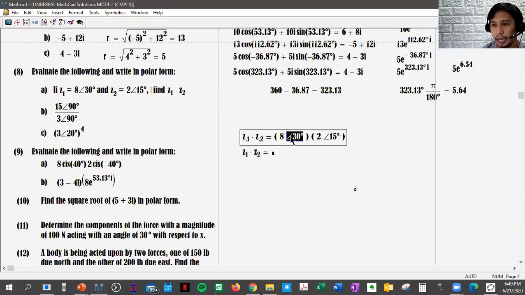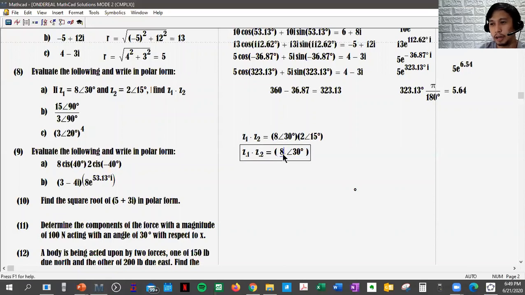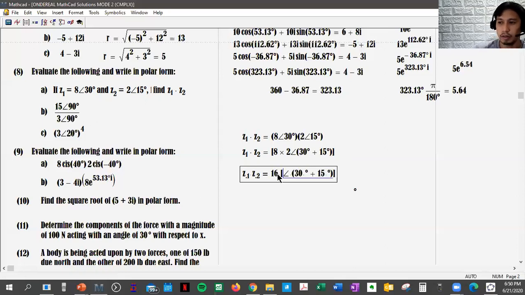So we are to multiply the modulus. This should become 8 times 2, and the angle must become 30 plus 15 degrees. So if we simplify this, z1 times z2 is equal to 16 angle 45 degrees.